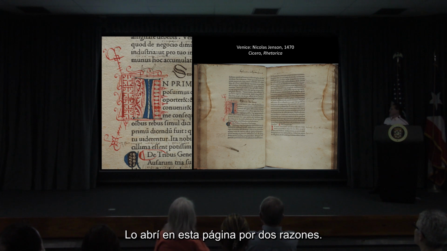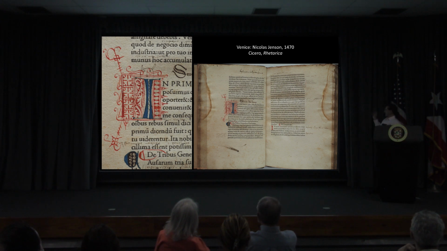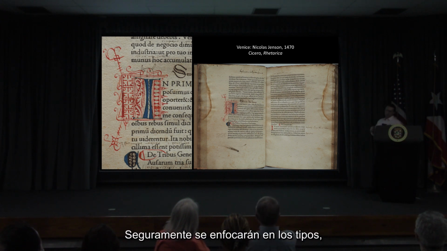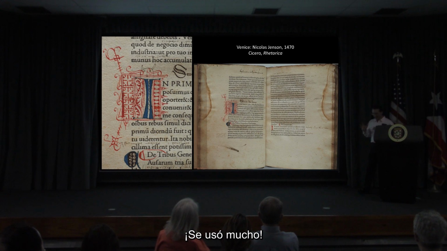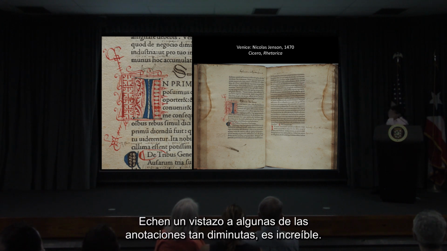I opened it to this page for two reasons. Sure, you will focus on the types, but you will also see that, wow, this copy was really used. Take a look at some of the annotation, so minute, it is incredible.